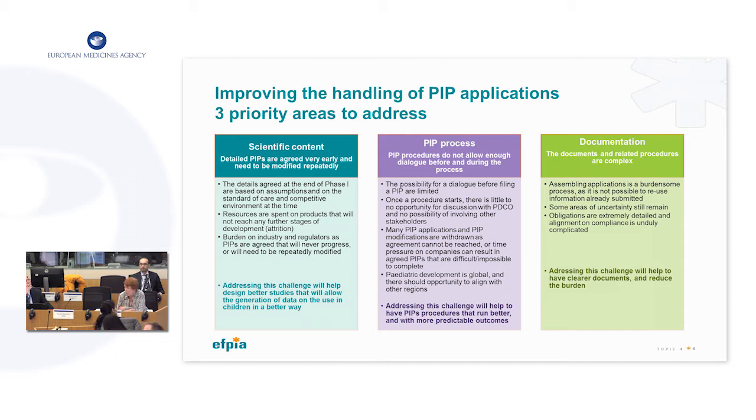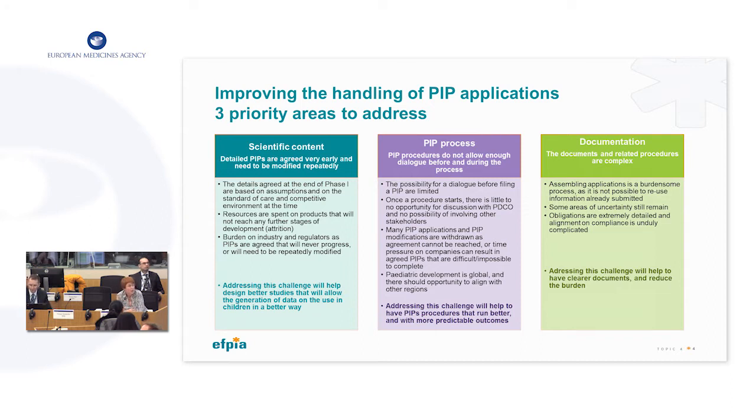If I now go into my purple bucket on the PIP process, basically the PIP process does not allow enough dialogue before and during the process. All along today I've heard about let's listen to one another, let's be together and talk together. And I think this is what is not happening quite enough in PIP procedures.